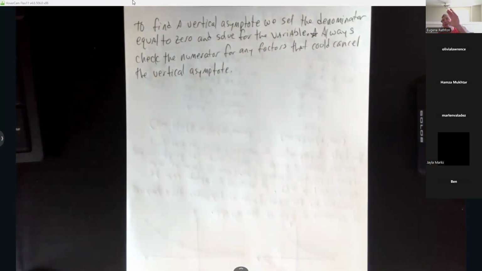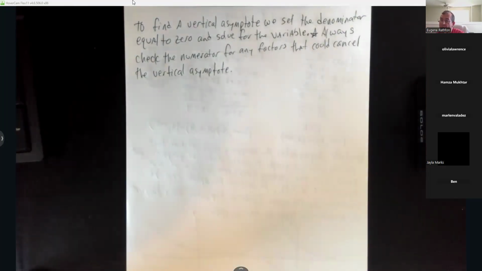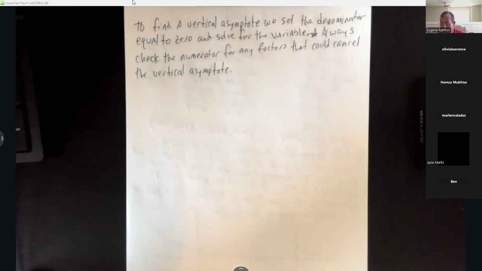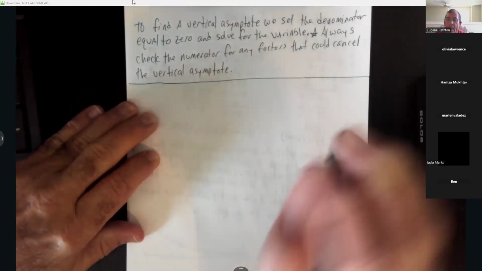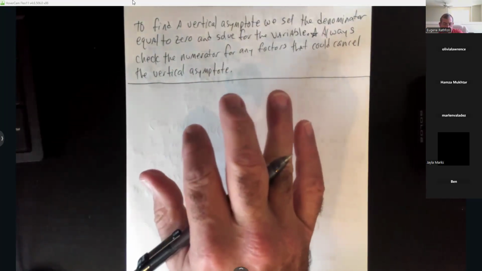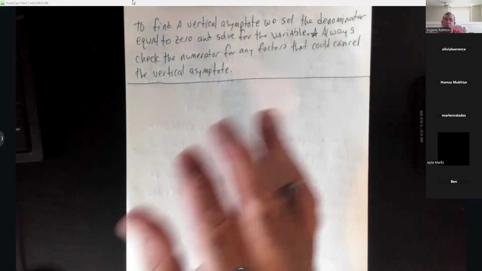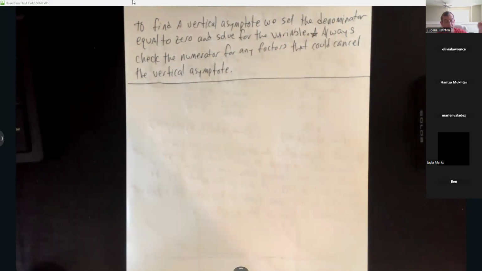Okay, so you always want to check the top just to look at it real quick and see if it might have a factor that matches your denominator. If it does, it cancels out that vertical asymptote and it's going to create that hole, okay? All right, so we'll do some problems with vertical asymptotes and then we'll get into horizontal asymptotes, okay?